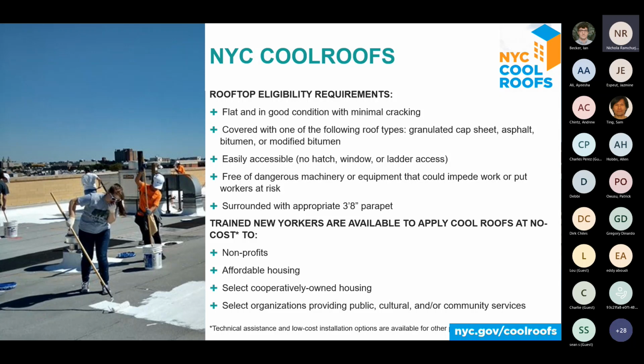The rooftop should be accessed by a door, either through an elevator or stairway. And it should be free of dangerous machinery or equipment, and also surrounded by an appropriate 3 foot 8 inch parapet.